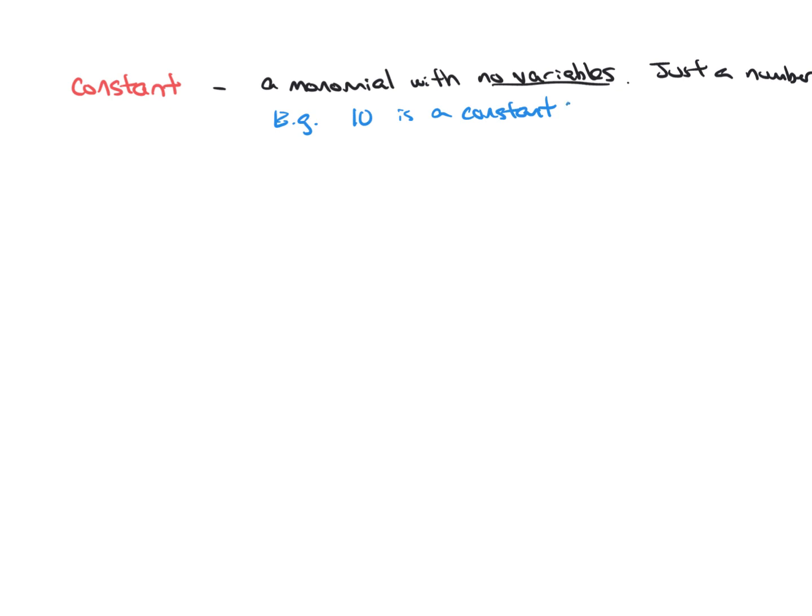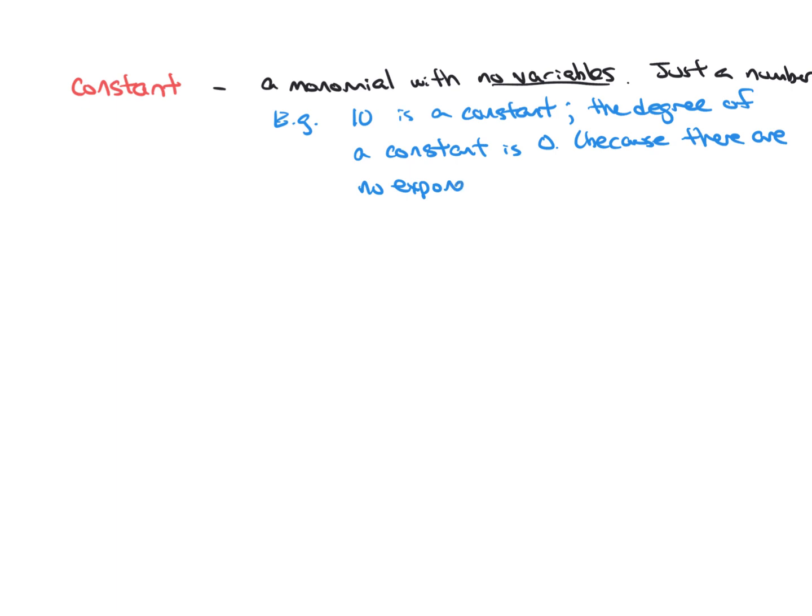So that's something else that's special about constants. The degree of a constant is 0, because there are no exponents on variables.